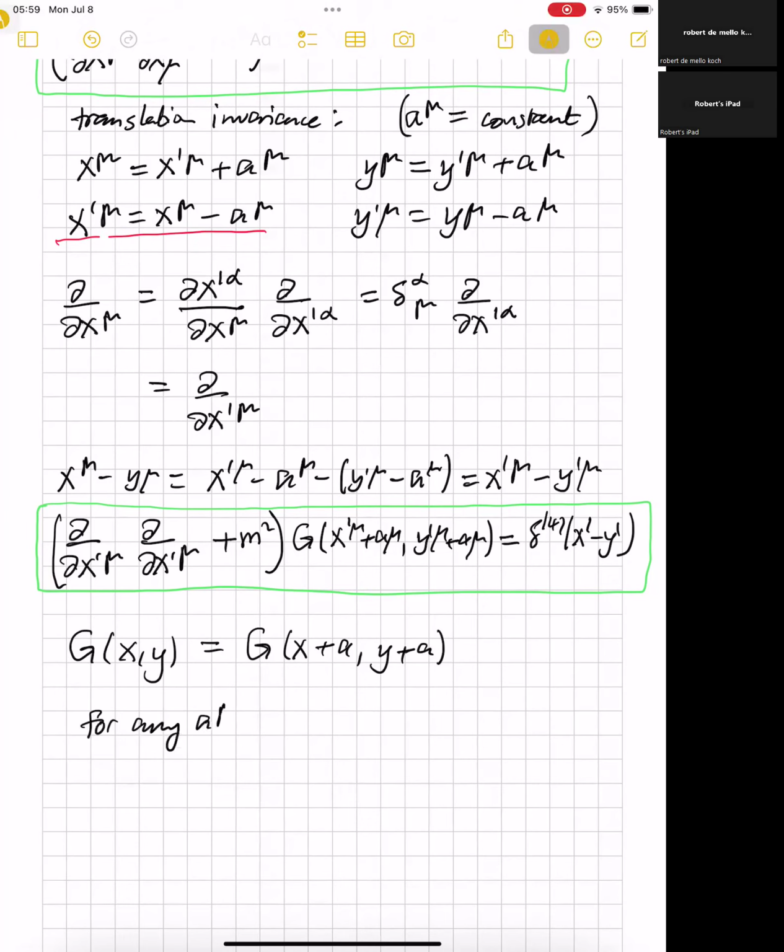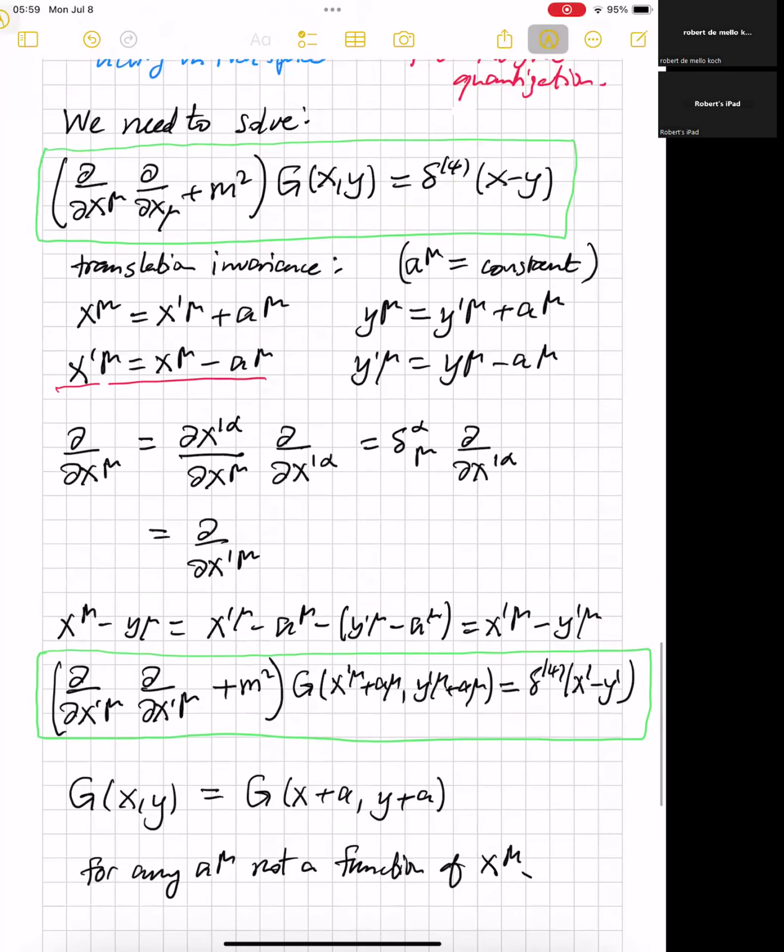So that means for any a^μ, which is not a function of x^μ. And the only place where it was important that this is not a function of x^μ was when we changed the derivatives.